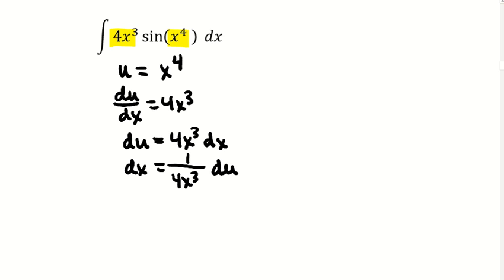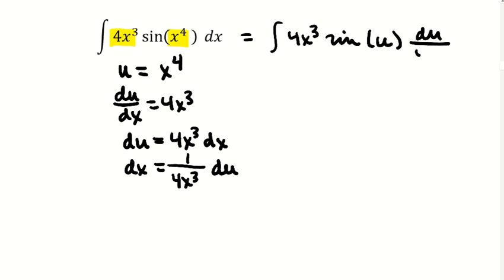So now this is the antiderivative of 4x to the third sine of x to the fourth, that's u, and dx is du divided by 4x to the third. So I'm going to get rid of these things. And you'll know you've substituted correctly when all of the x's are gone and you're left with just u's.